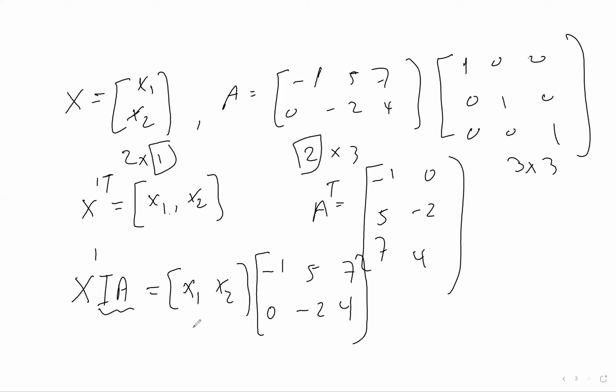And when you do the multiplication, we have 1 times 2, and we have 2 times 3. So now we have the columns of the first one equal to the rows of the second matrix. And therefore, what is it telling us? This is telling us that there is a product. The product exists.